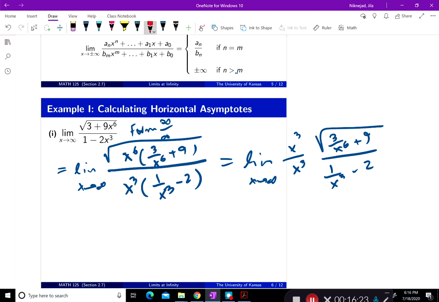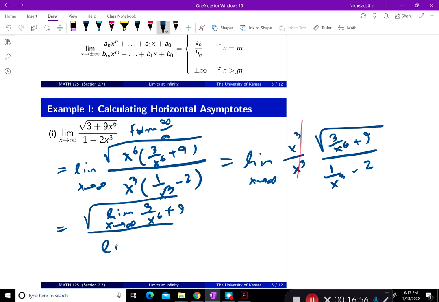So these two simplify. Now I can bring the limits inside. The limit of the denominator is not 0, and there is a square root, which is a continuous function, so I can bring the limits in, and I get the square root of the limit as x goes to positive infinity of 3 over x to the power 6 plus the limit as x goes to positive infinity of 9, which is 9.